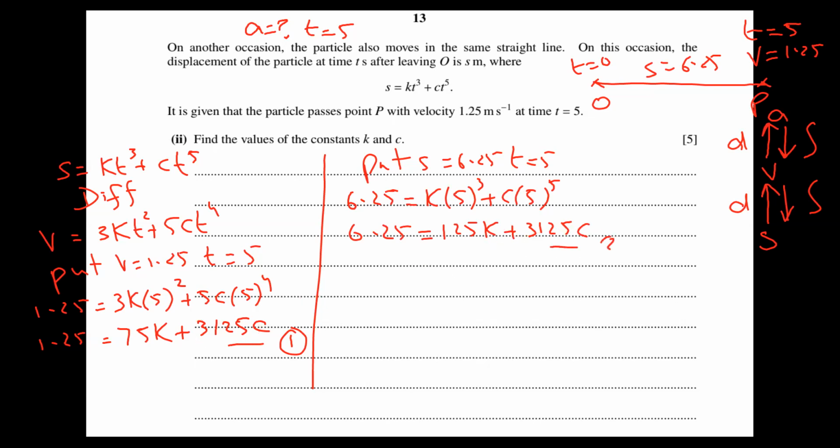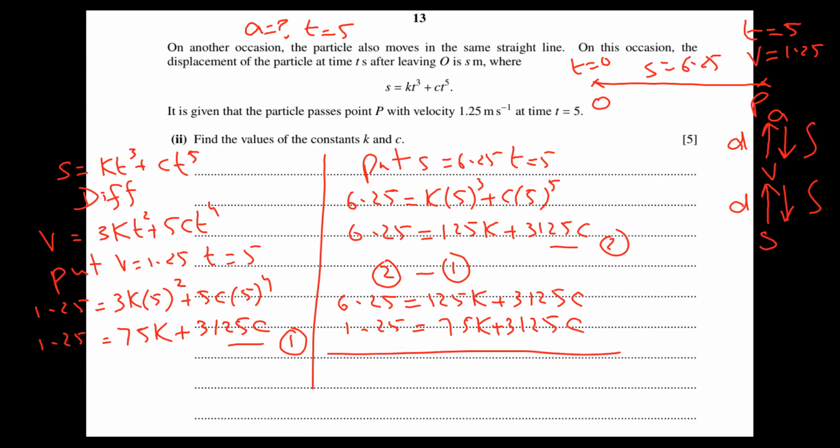Now I have to solve it because they're exactly the same. If I subtract simply 1 minus 2, or 2 minus 1, the bigger number is 0. I think no problem, 2 minus 1 or 1 minus 2, no issue. Okay, 6.25 is equal to 125K plus 3125C, and below 1.25 equal to 75K plus 3125C.